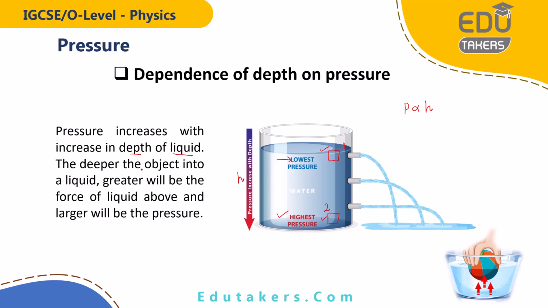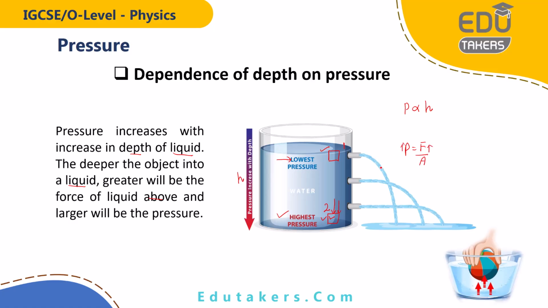The deeper the object into the liquid, when the depth of the object in the liquid increases, greater will be the force of the liquid above. Then if I suppose the object 2, there is a large force exerted by the liquid that is above this object. When the force is larger, according to P equals F over A, when force increases, accordingly the pressure also increases.